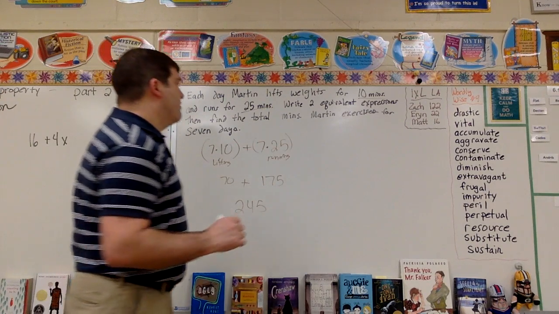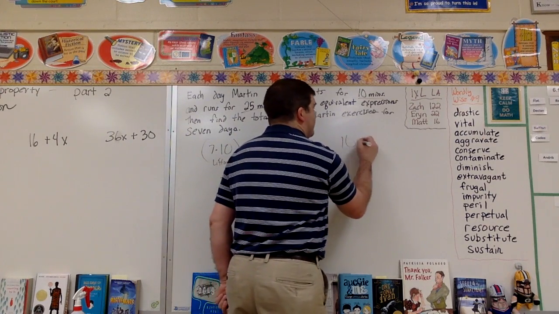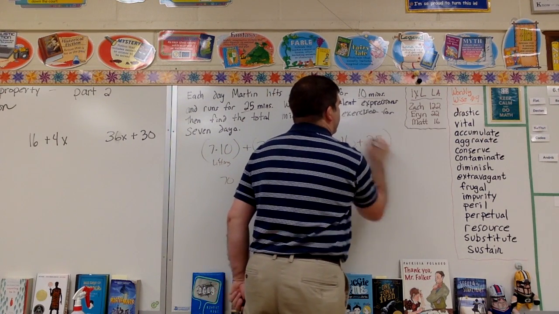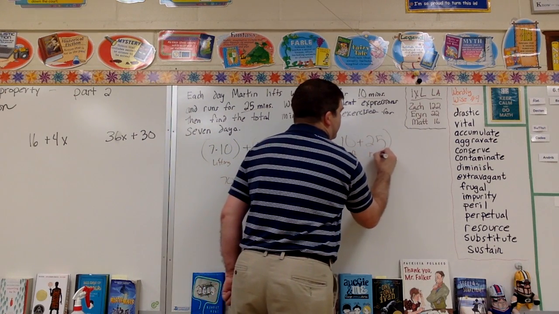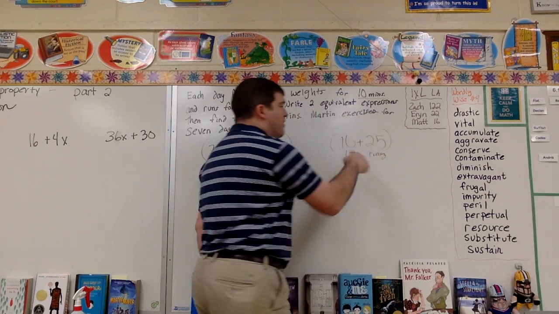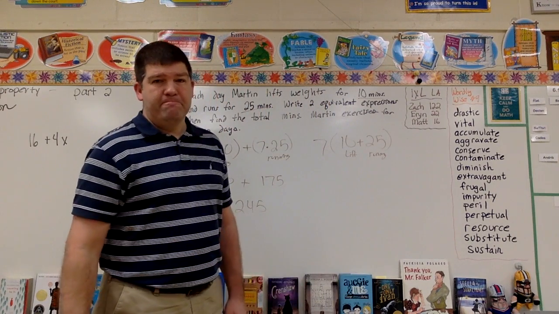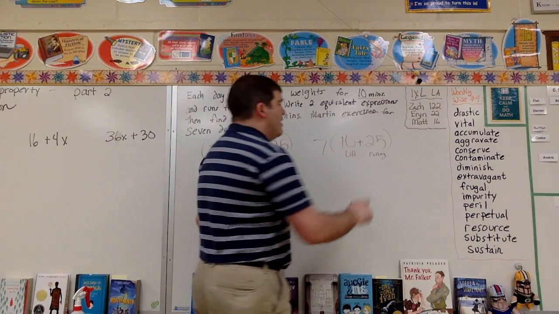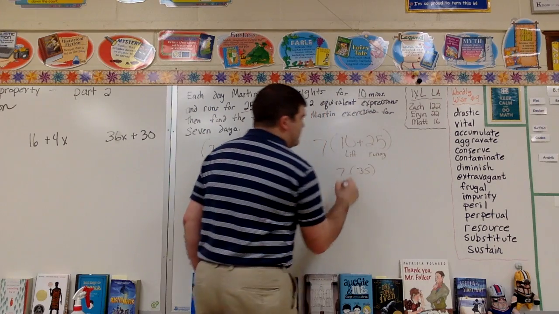Another way is I could say, okay, each day he does 10 minutes and 25 minutes. So this is his lifting, and this is his running. So I can figure out what he does each day, and then I'm just going to times that by 7 days. I could add these together, 35 times 7.